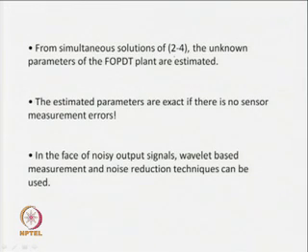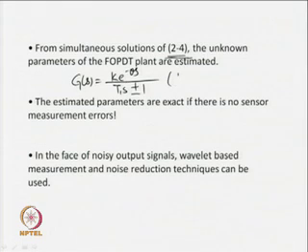From the simultaneous solution of those equations 2 to 4, the 3 unknowns of the transfer function model, we have got the transfer function model k e to the power minus theta s upon T1 s plus 1. So, the 3 unknowns in the transfer function model k, theta and T1 can be estimated using the 3 expressions.